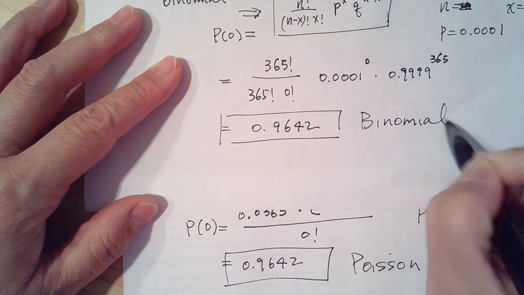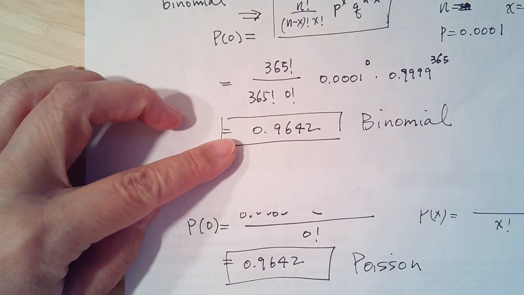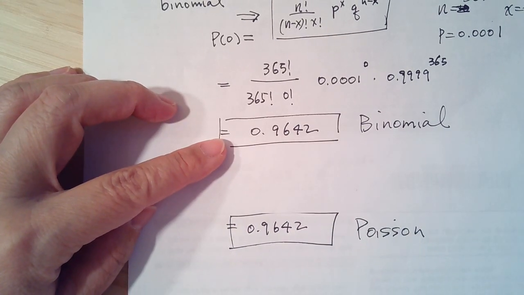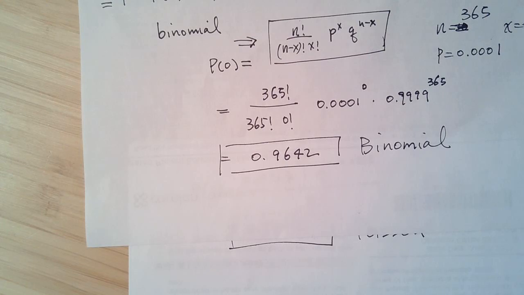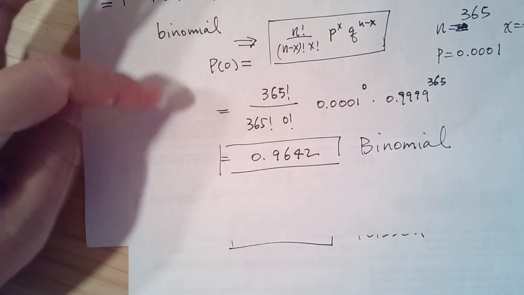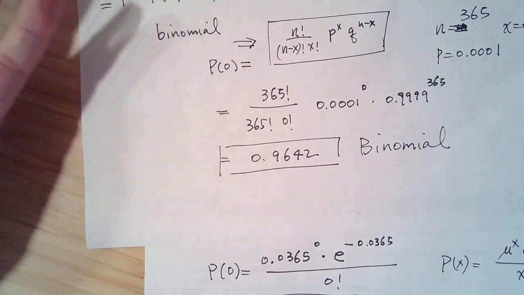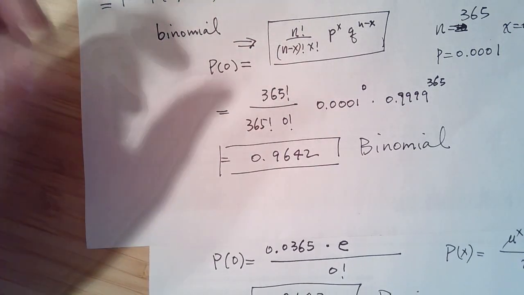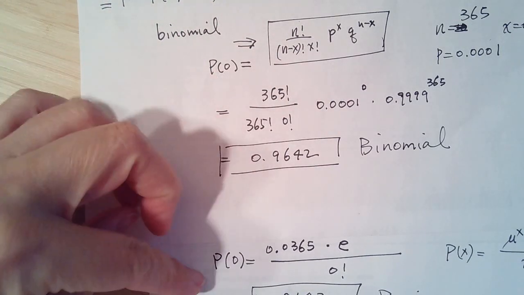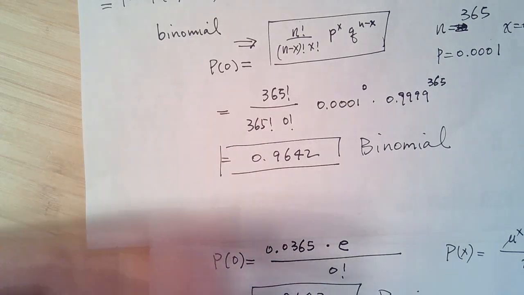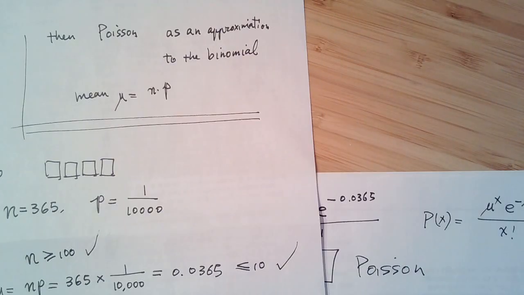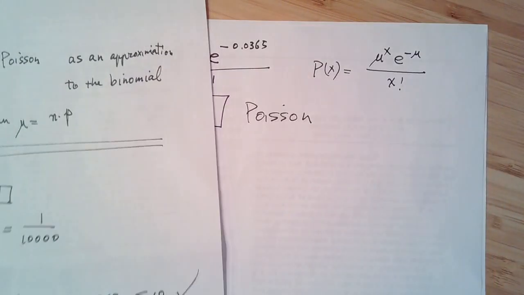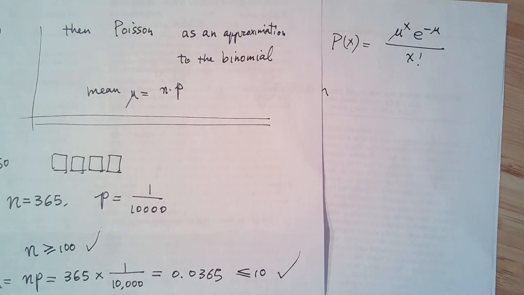And of course, if you want to find the probability that you're going to win just once, that would be P of 1, and you can just plug in the formula to get that. Poisson distribution is frequently used in situations like earthquakes and hurricanes, but this is a good example.